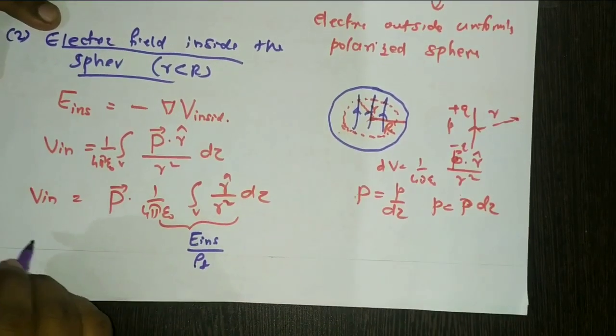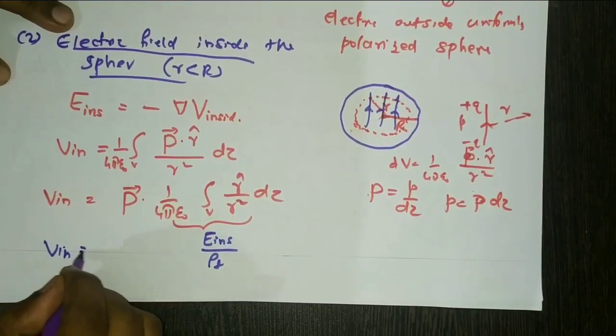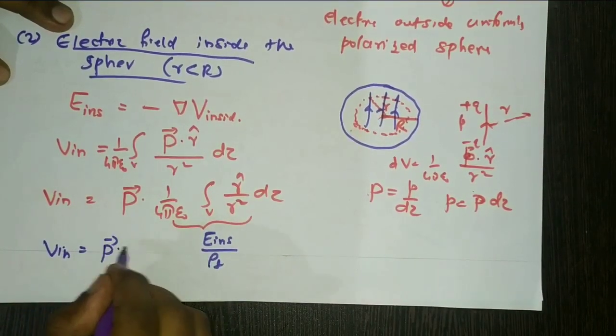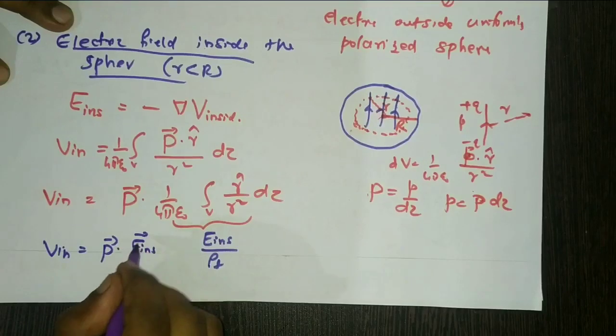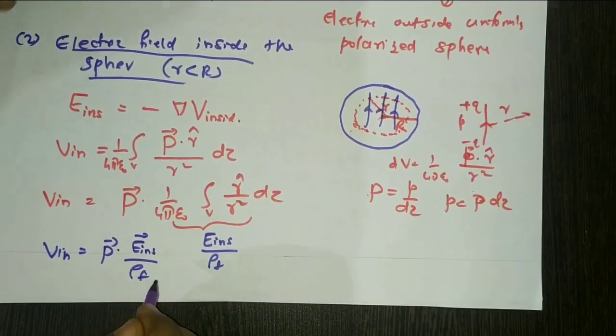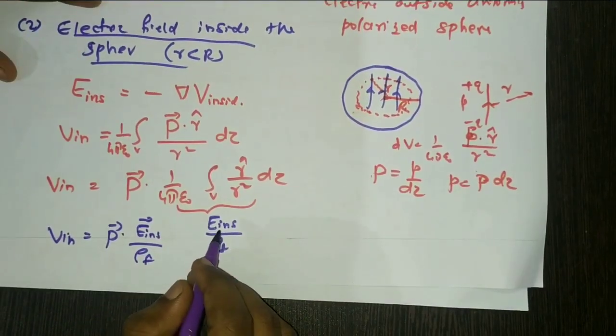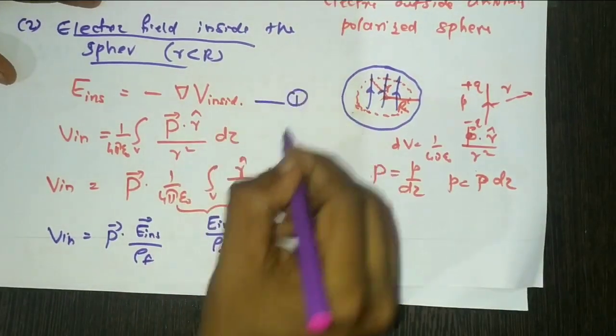Now I can rewrite this equation. V in can be written as P dot E inside divided by rho f. Let me put this as equation number 1 and this as equation number 2.